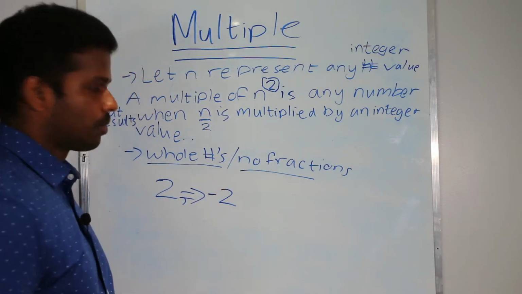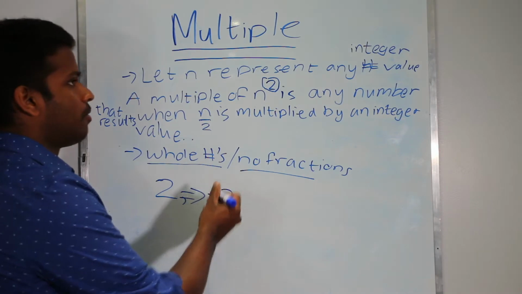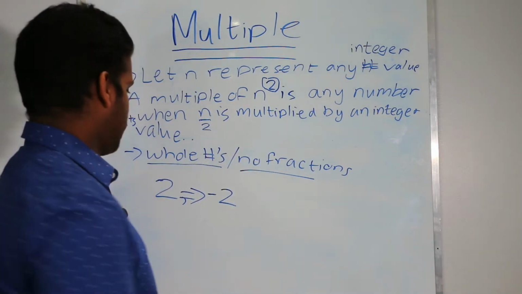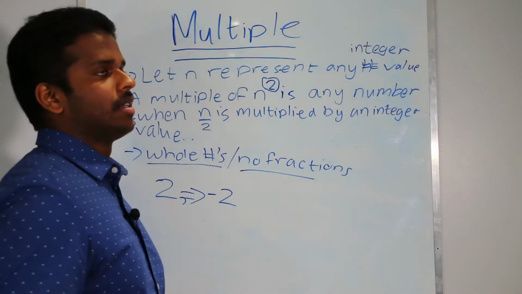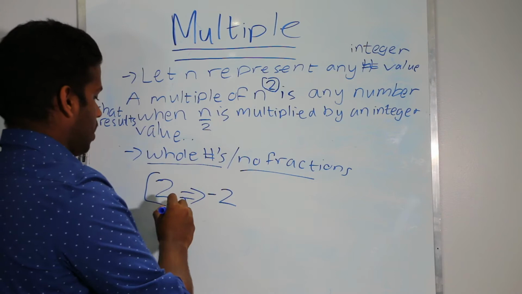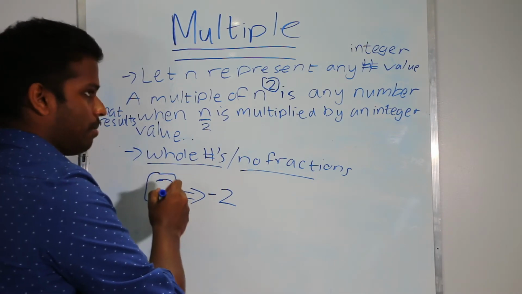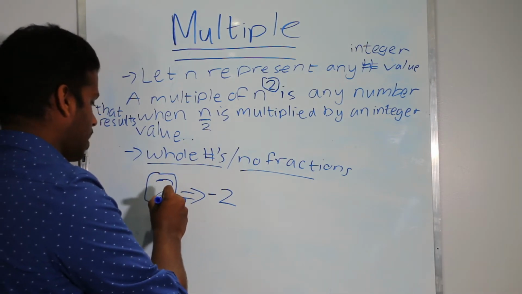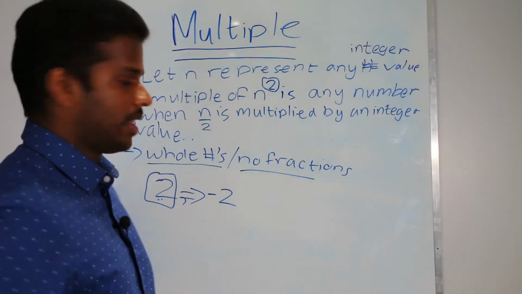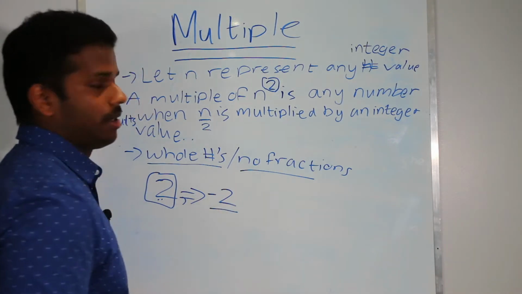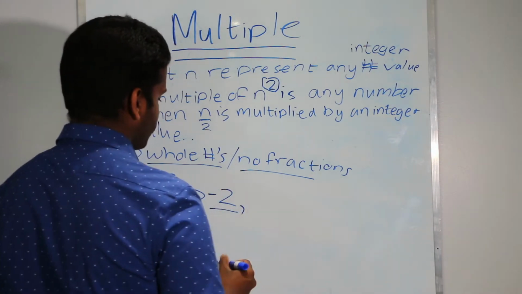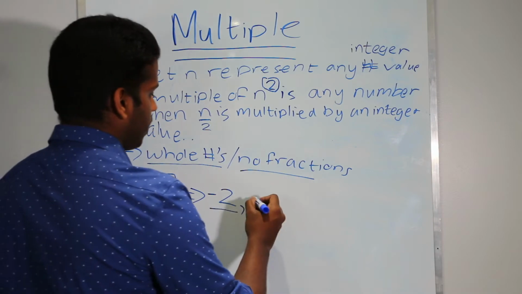Negative 2 works too, because 2 times negative 1 is also a multiple of 2. If you multiply that number by any whole number, positive or negative, then that product is also a multiple.